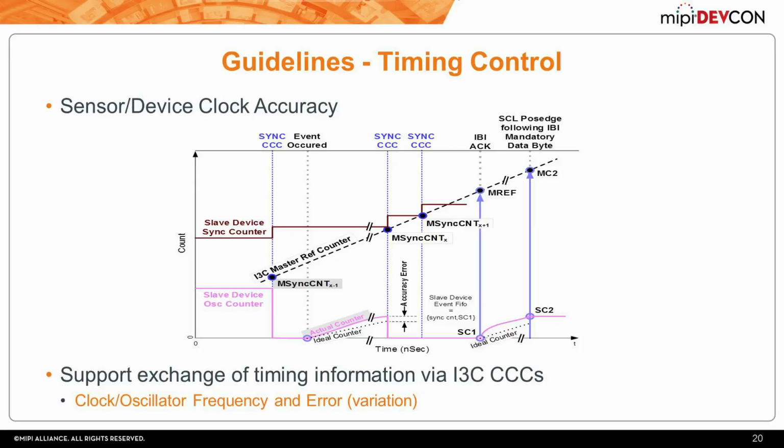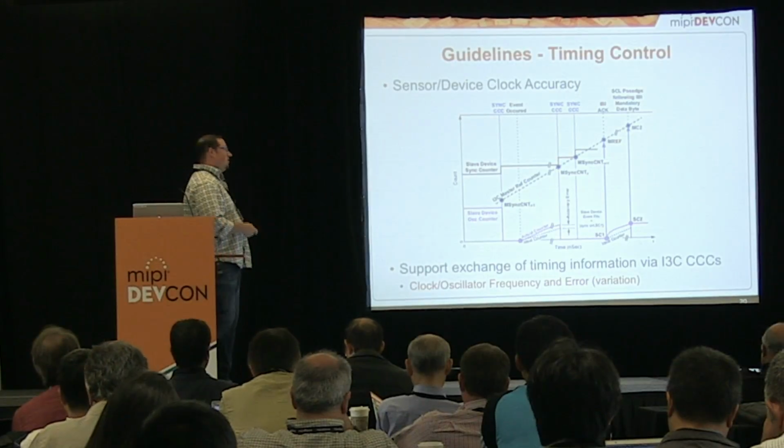And so the idea is that we've created some standardized CCCs to exchange information between the slave and the master, such that the master can actually calibrate to errors inside the slave's timekeeping, whatever oscillator they end up using.